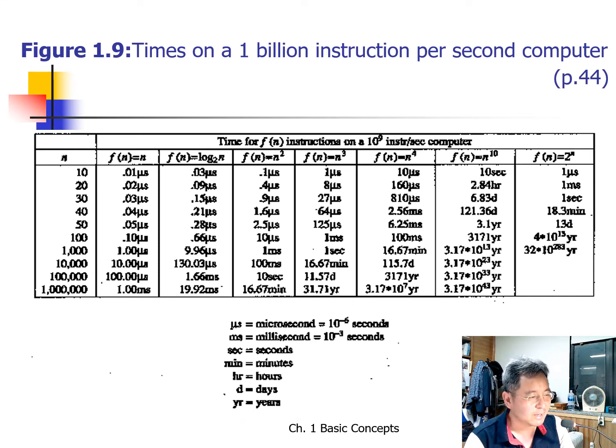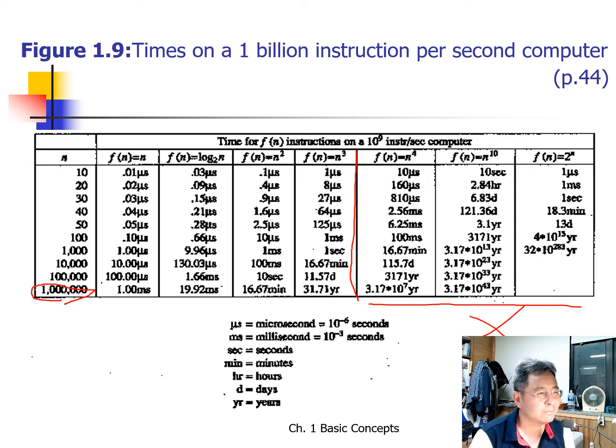Okay, so if n goes to 1 million, log n, n square, n cubic, and if it goes to n to the fourth exponent and 2 exponent n, it is non-useful. It is not useful algorithms.